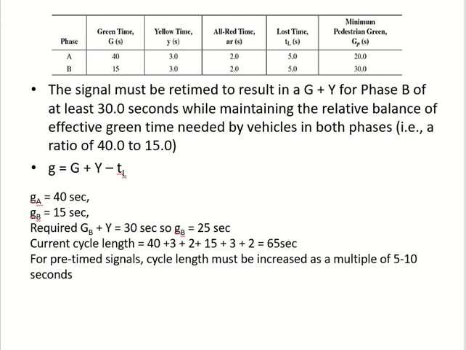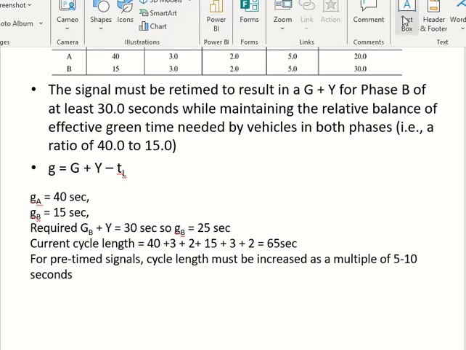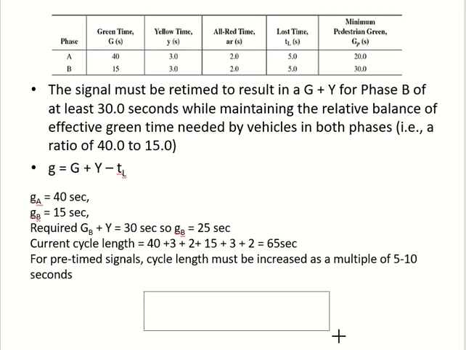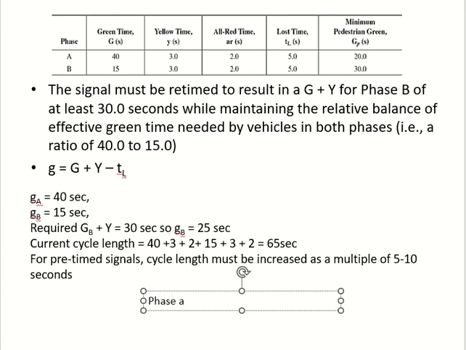So if you do it for the first phase, phase A, then how much is green, yellow and all red? How much is it? 40 plus 3 plus 2. How much? 45 seconds.